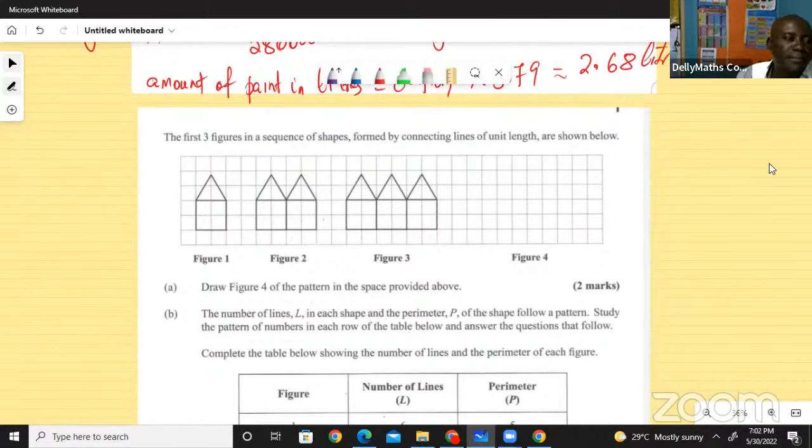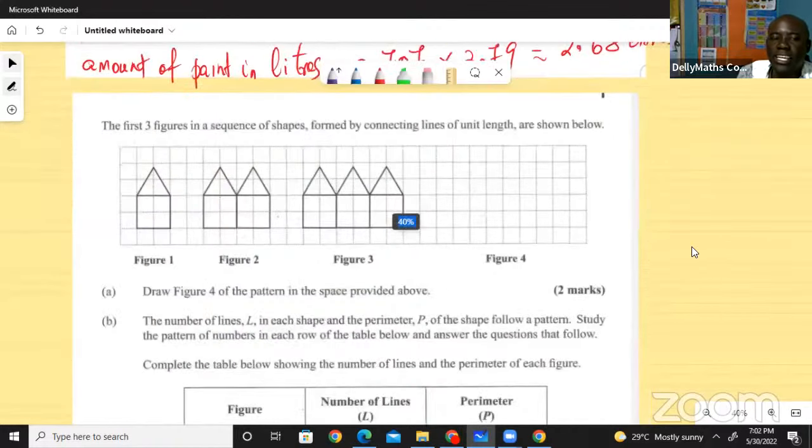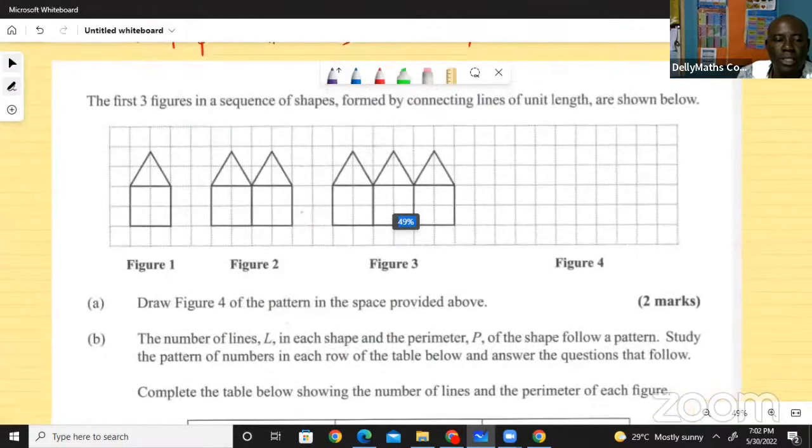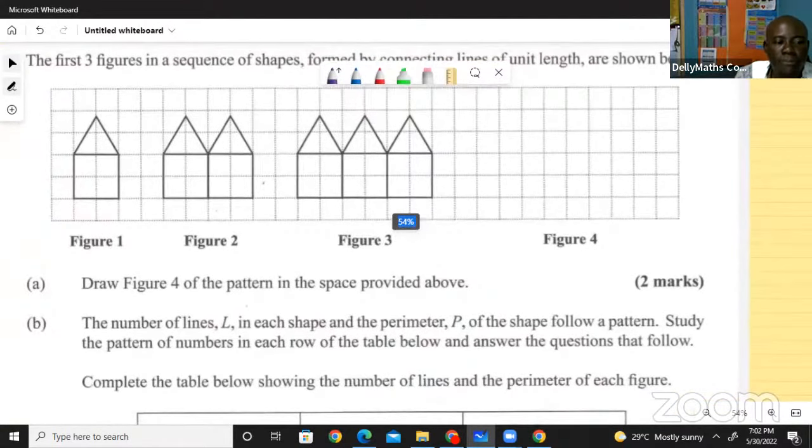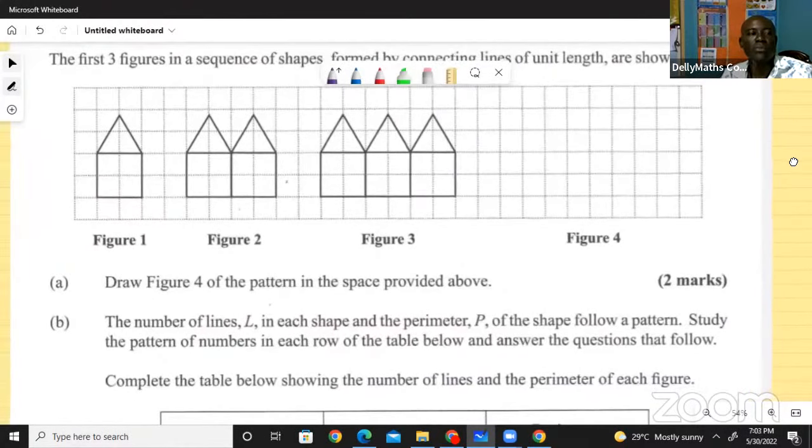All right, it says the first 3 figures in a sequence of shapes formed by connecting lines of unit length are shown below. So we're looking at some house-looking shaped ideas. We have figure 1, figure 2, figure 3.